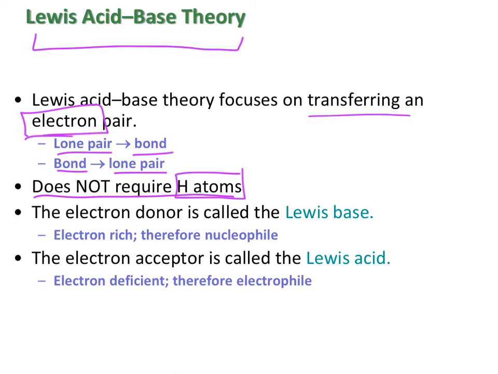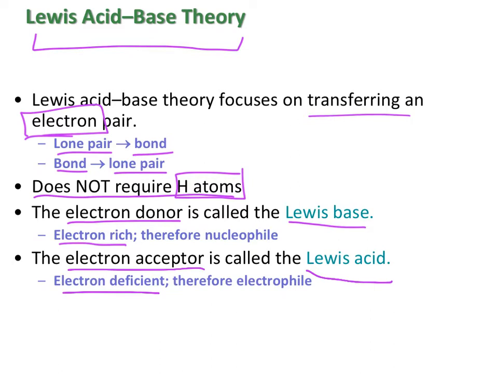But in this theory, we do not require those. A Lewis base is an electron donor. It's electron rich in comparison to a Lewis acid, which is electron deficient, doesn't have any electrons, so it accepts them.